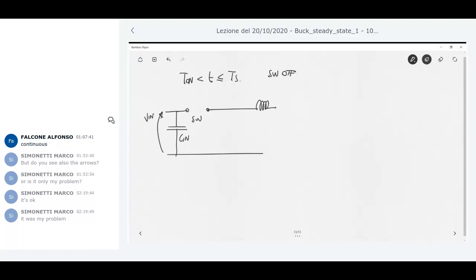This is the inductor with the current inductor IL, that is C naught. And the load. Okay. So let me draw the diode in this way.